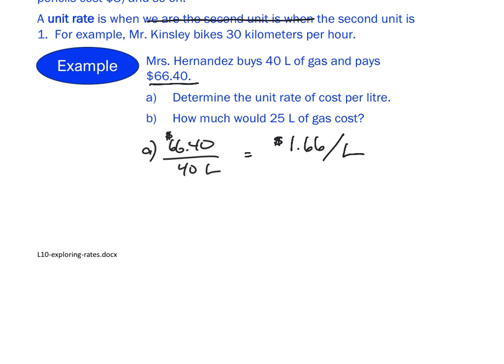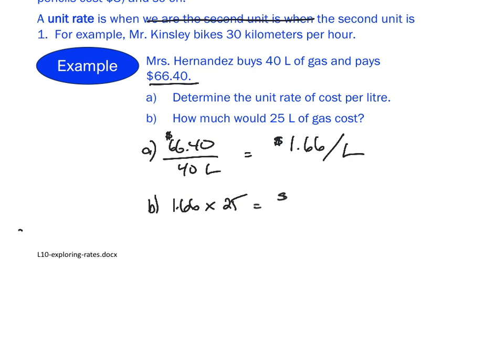So every liter of gas costs $1.66. Okay? Now, part B. How much would 25 liters of gas cost? So now we're going to take $1.66 and multiply it by 25, because $1.66 is the cost for every liter, and we want to find out how much 25 liters of gas costs. 41.5.